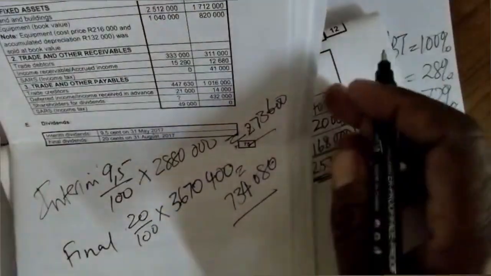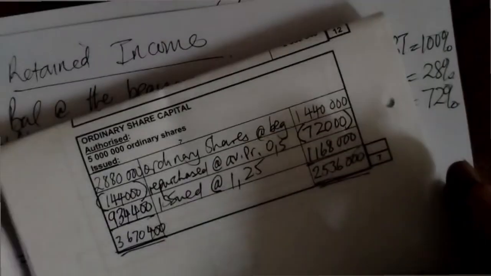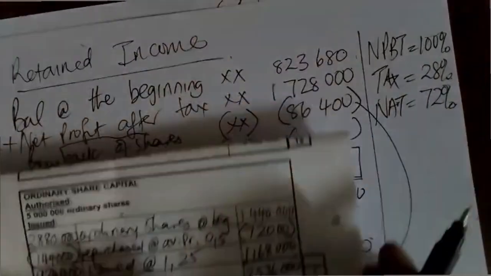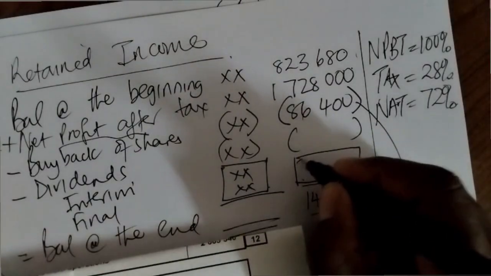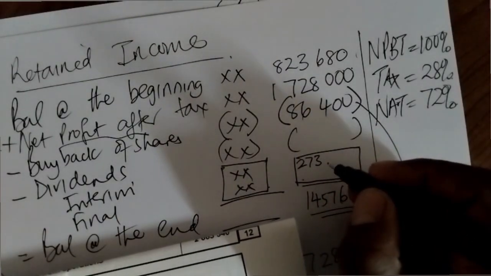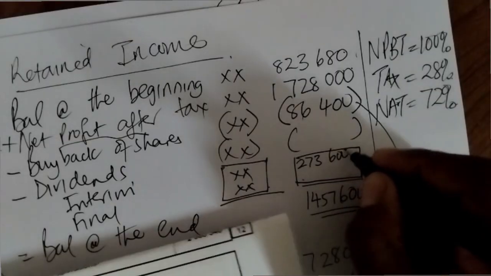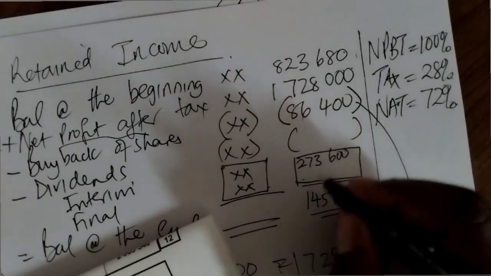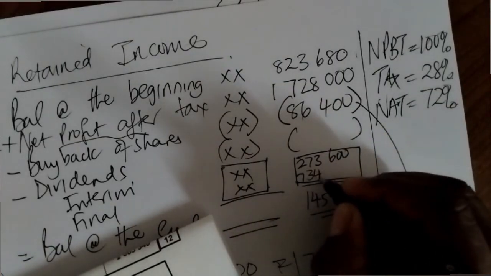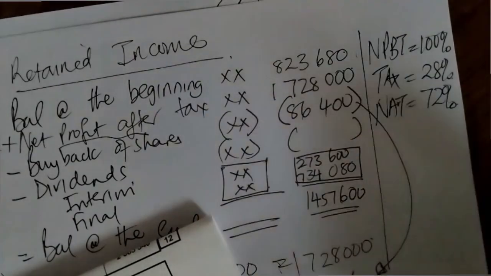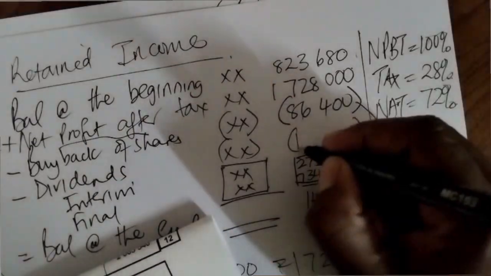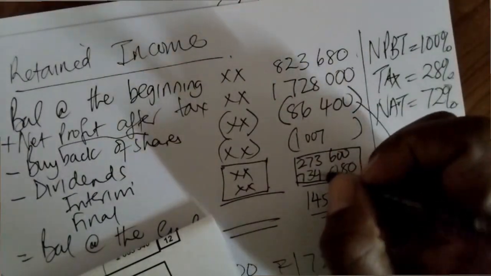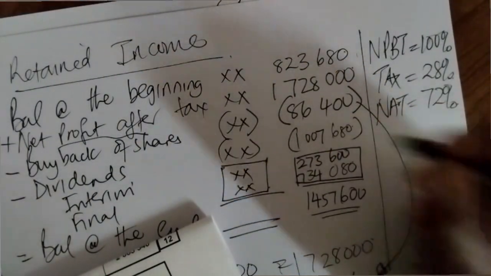So I can go and plug in that information on my interim and final dividend here. My interim is 273,600 and my final is 734,080. If I add those, that will give me 1,007,680.